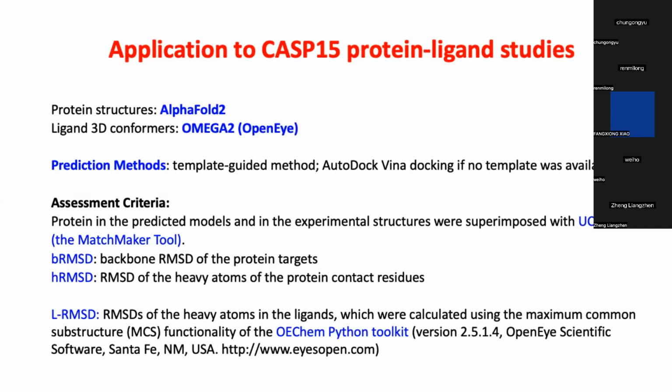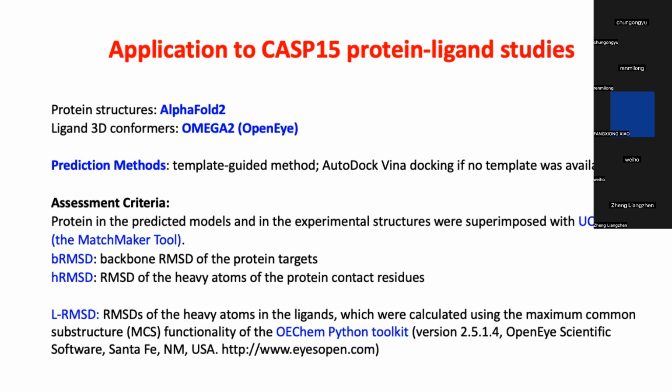And also the most interesting thing, particularly for the predictions that are not too bad, we will also calculate the RMSD of the heavy atoms of the protein contact residues. So HRMSD stands for the heavy atoms, not only in the backbone, but also the side chain atoms of the protein contact residues. And then we also calculate the ligand RMSD, so the RMSD of the heavy atoms in the ligands.